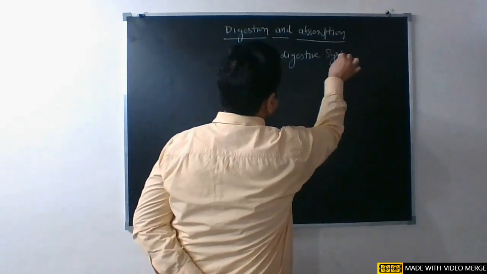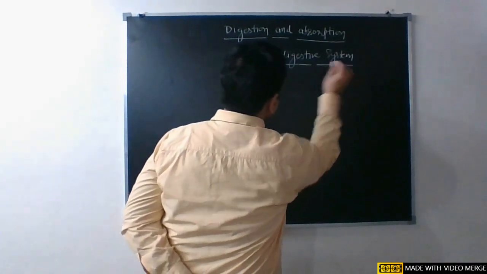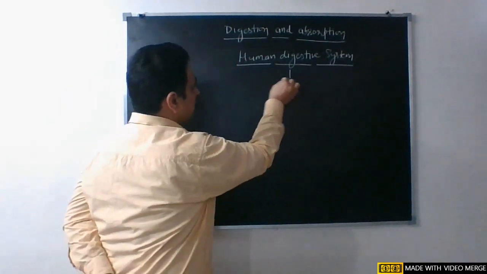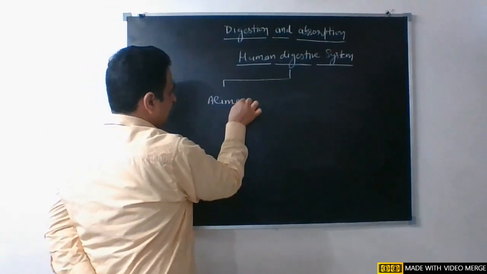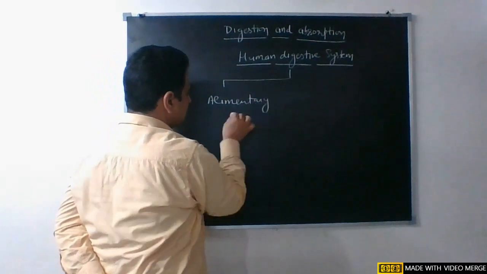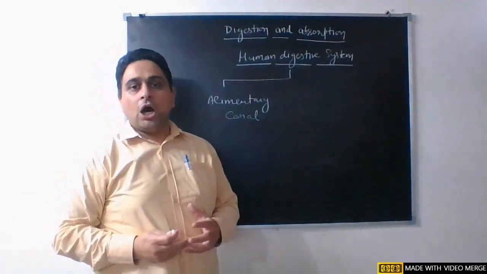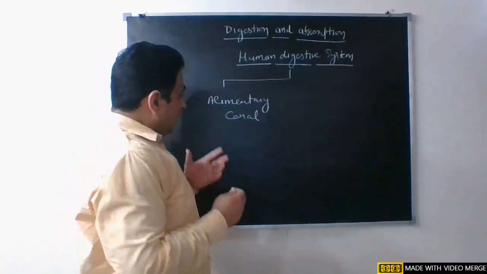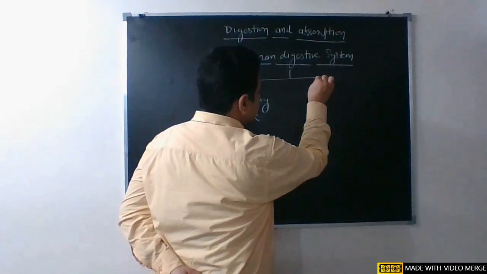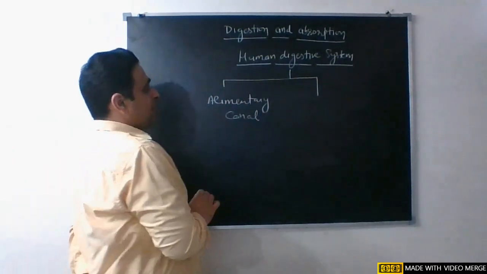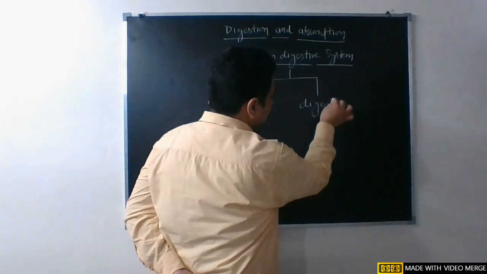The human digestive system, students, is made up of two components. First is the alimentary canal, that is a long hollow tube of approximately 9 meters in length, and some glands that are associated with the alimentary canal, which are called digestive glands.